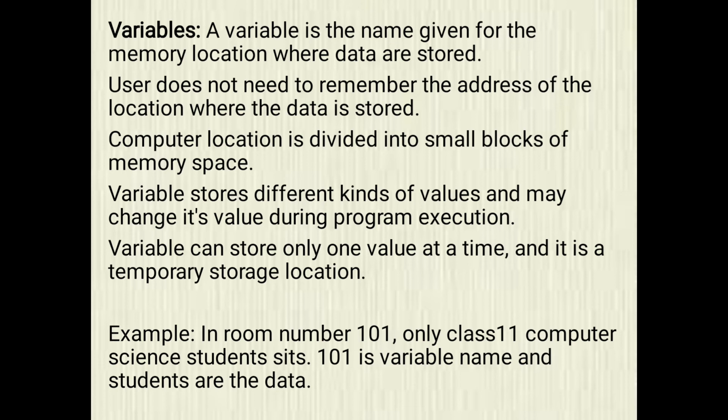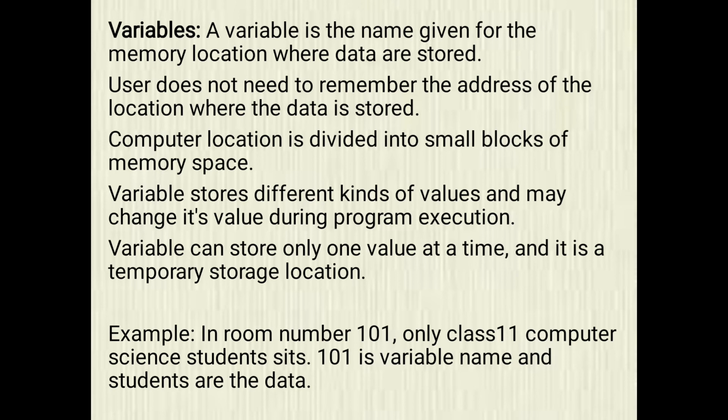It can also change its values during program execution. Suppose you are storing in a variable called sum the value 100. Later on in the program, if you add 10 to the value 100, then sum will change from 100 to 110.